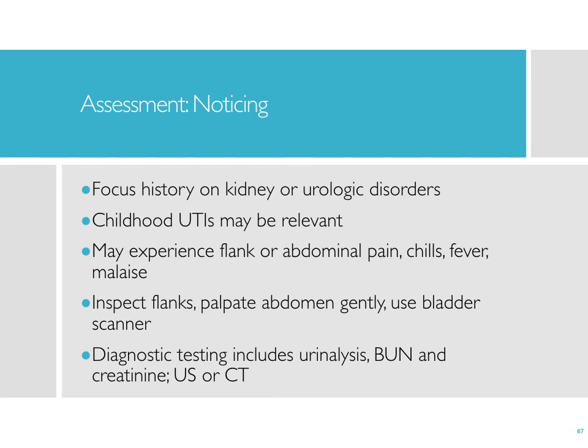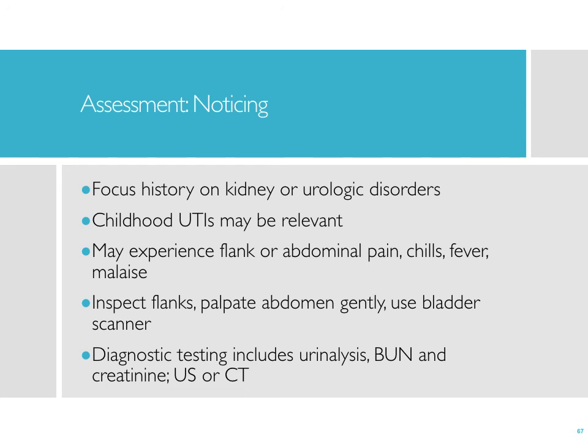So when we do the assessment, we want to focus on a history of kidney or urologic disorders. One of the things that we might find is that children were known to have frequent urinary tract infections, and no one caught on that they were having a few more infections than what they should have been.